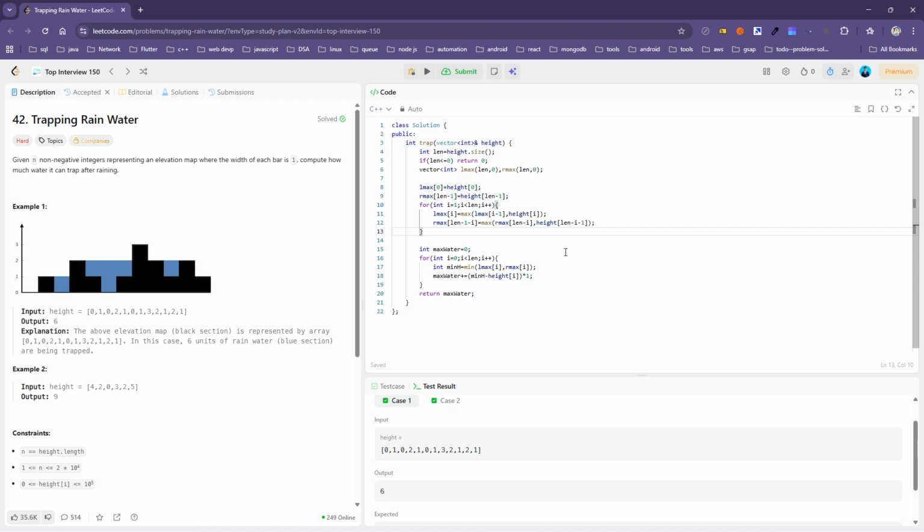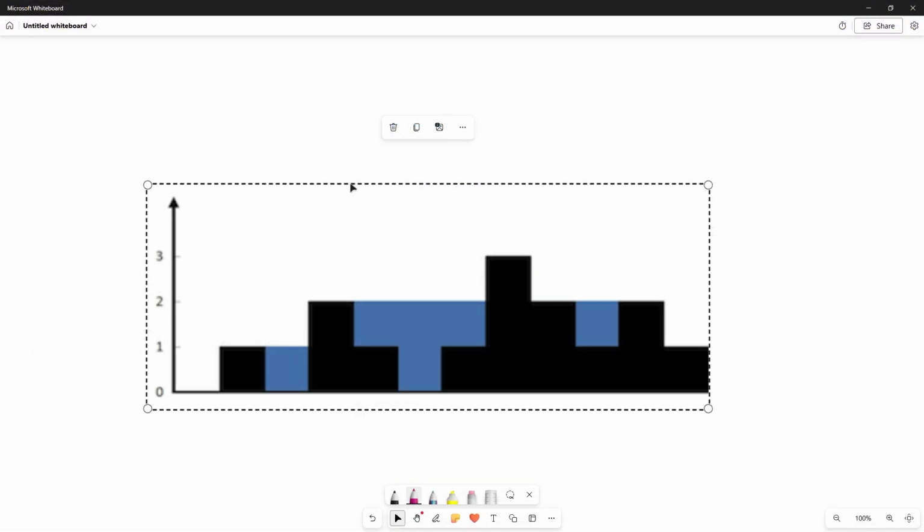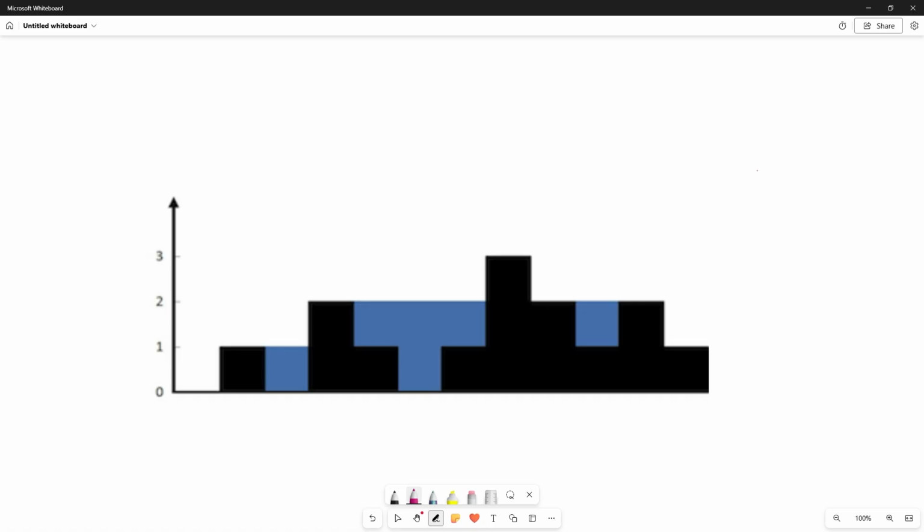Okay, so let's see that. Let's just say that there are many bars here. What we did in the current solution: we want to collect water at this position. Now how much water will be collected at this position? Let's say there is a largest bar toward the left, maybe of any height.